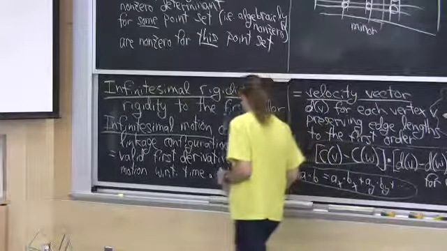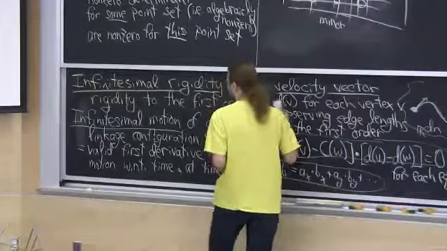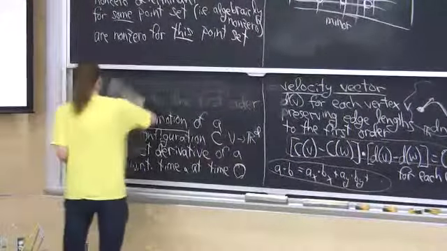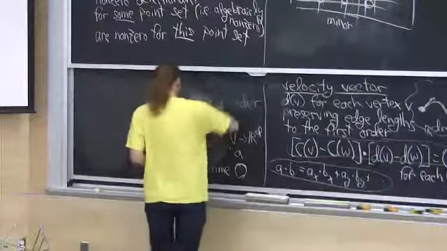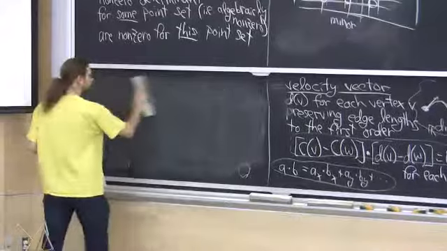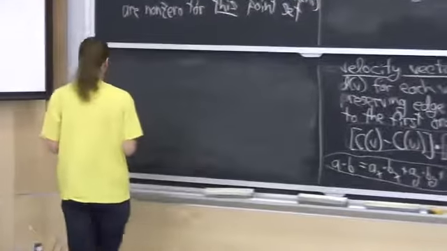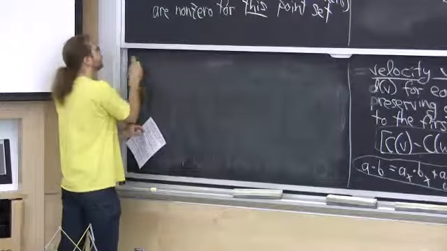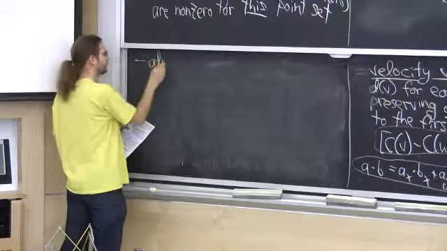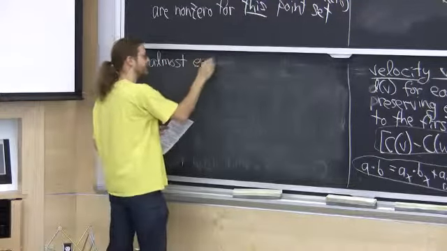And now there's a bunch of fun facts about infinitesimal motions and rigidity, and the relation to the generic case. So, as we had before, this definition is not quite the same, but it's effectively the same as the last one.